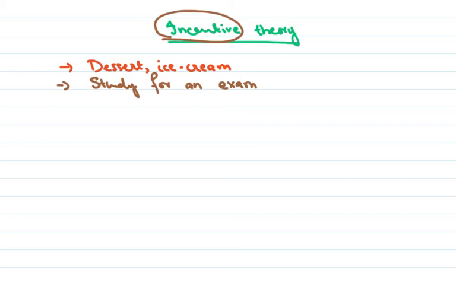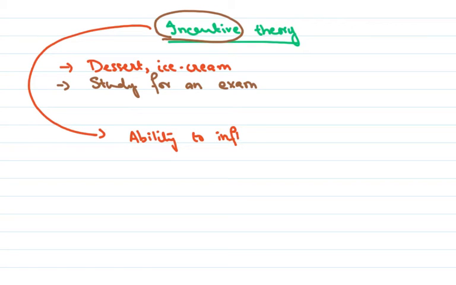So an incentive, if you try to define it, is anything outside of the organism, but which has the ability to influence behavior. So it's any sort of external factor that has the ability to influence behavior, right?